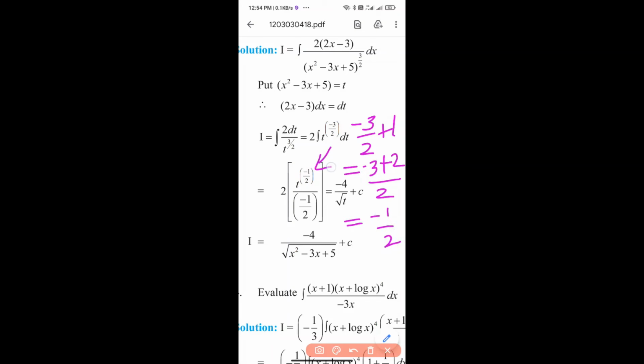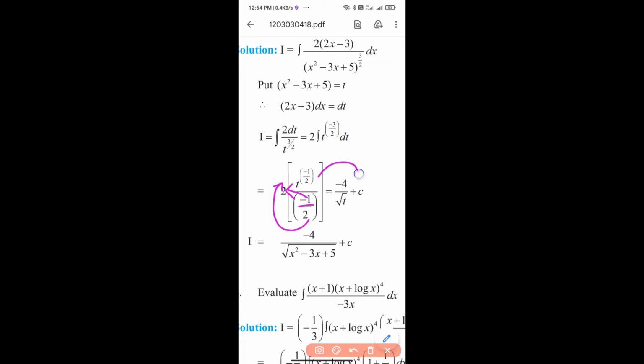So they have replaced n plus 1 as minus 1 by 2 in both these places, and after this 2 gets reciprocal and it becomes 4, and this minus 1 gets multiplied with this 4 to make it minus 4.